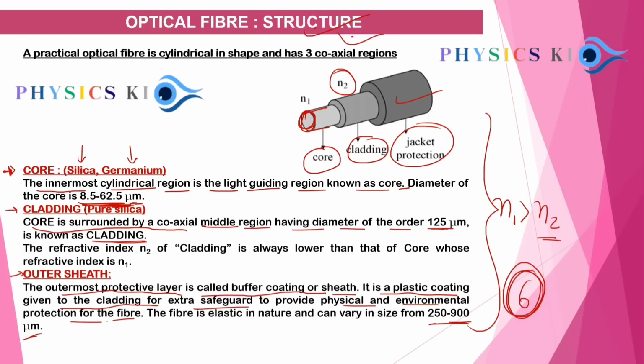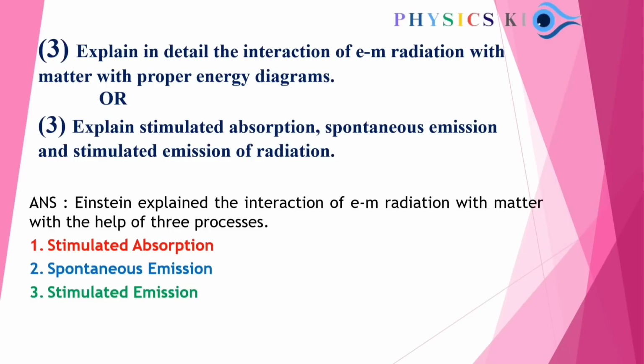Now the next important question, the third important question. Here we have two different questions, but both answers are the same. The language is totally different. In the first, they are asking to explain in detail the interaction of EM radiation with matter with a proper energy diagram.